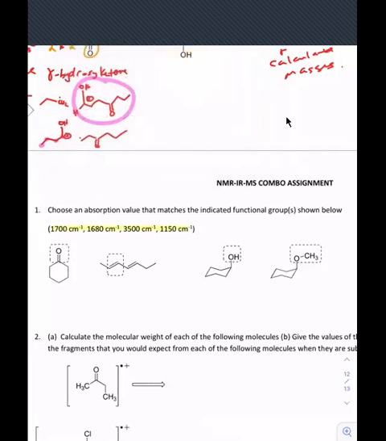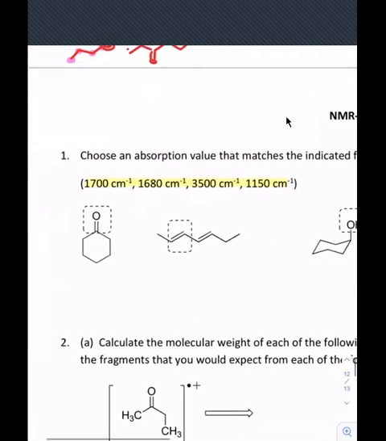The 1680. Okay, let's think about that. You're right. That's a potential stretch for that. I agree. But we also got an alkene that we have to consider as well. So which one would be higher? The alkene, which is here, or the carbonyl? We just did that, as a matter of fact. So which one would have a higher absorption value?